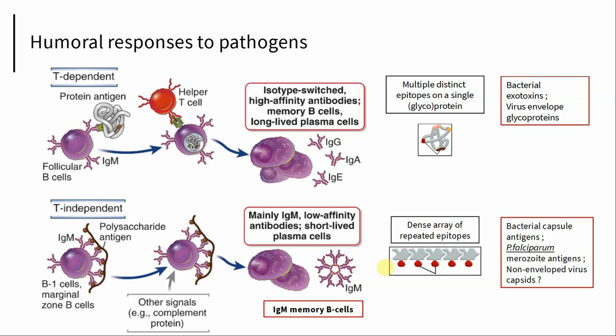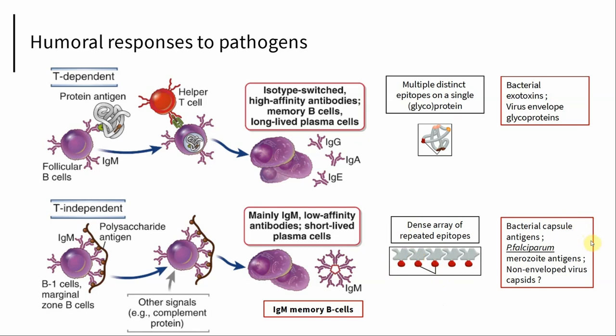Okay, so the types of antigens that lead to T-independent responses seem to be multimeric antigens. So you've got a dense array of repeated epitopes on the same kind of particle. Typically these are bacterial capsule antigens.